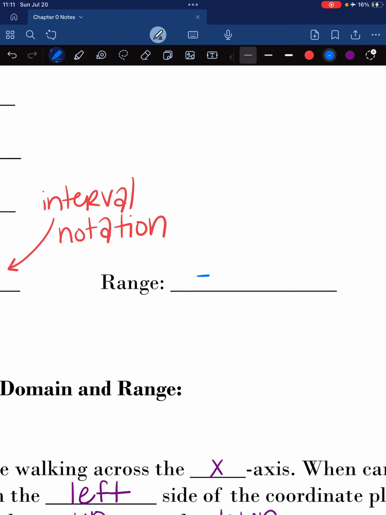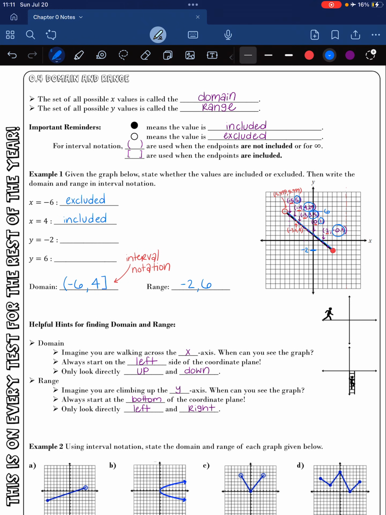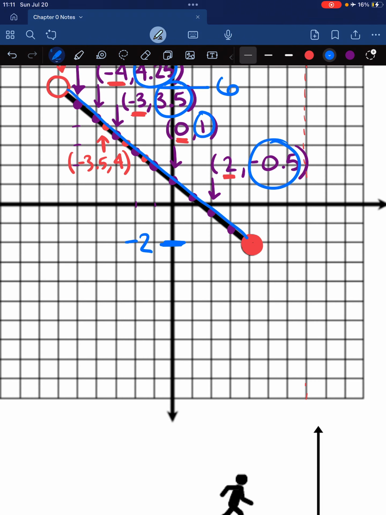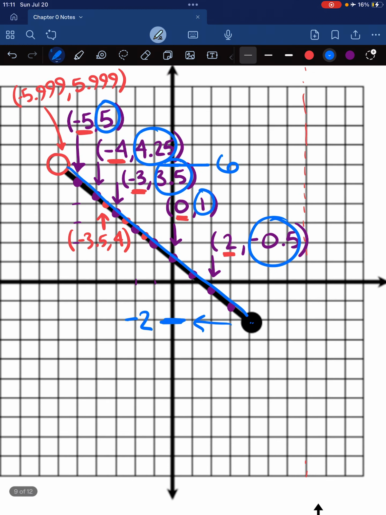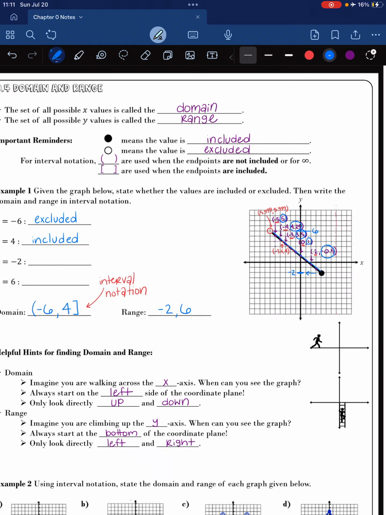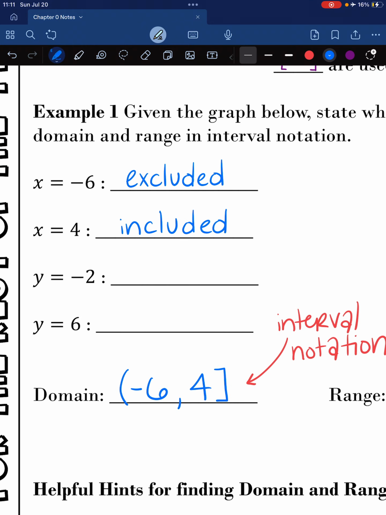So then the next question we just need to ask ourselves, we know the interval is from -2 to 6, but are those end points included? And at -2, we can see that -2 is closed in, so I can actually equal -2. But up at 6, that has that open dot, so that's excluded.